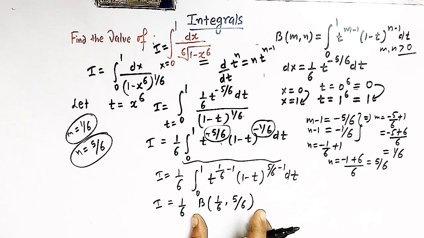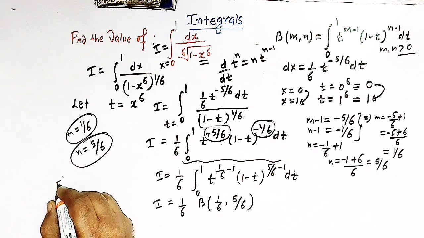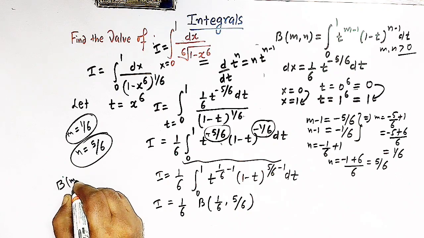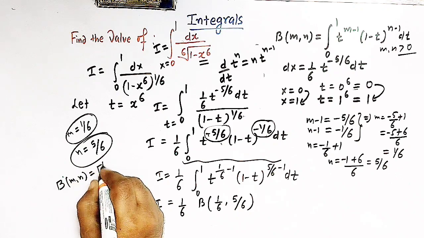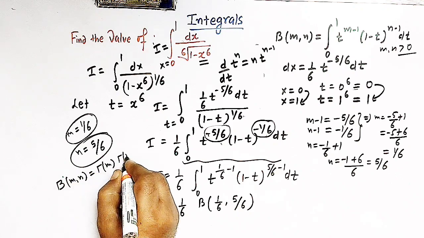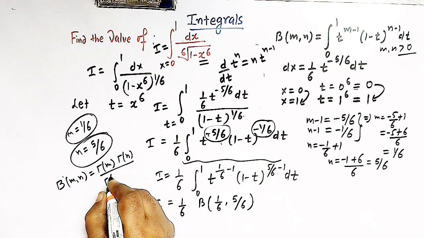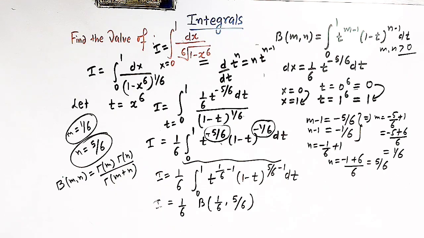So now we have to find the value of this expression. To get it, we'll make use of an important relation between beta and gamma functions. Beta m comma n is given by gamma m times gamma n divided by gamma m plus n.